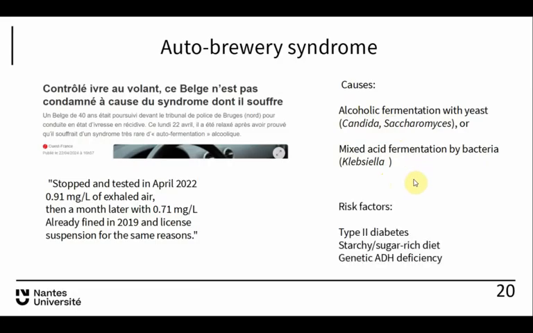So what are the risk factors for this? Type 2 diabetes, if you've got a starchy or sugar-rich diet. If you have a big meal full of sugar and a lot of pasta or something, then if you've got these yeasts or Klebsiella in your gut, they can start fermenting and producing alcohol. The other risk factor is genetic deficiency in alcohol dehydrogenase.